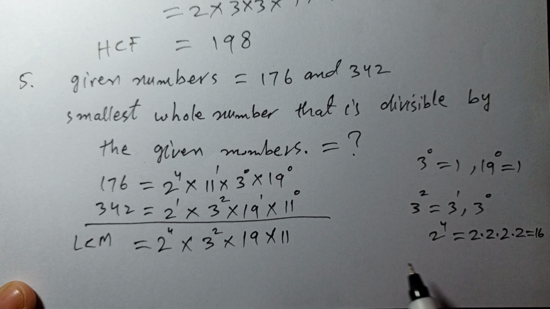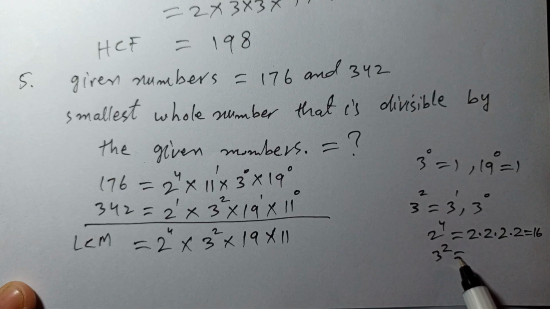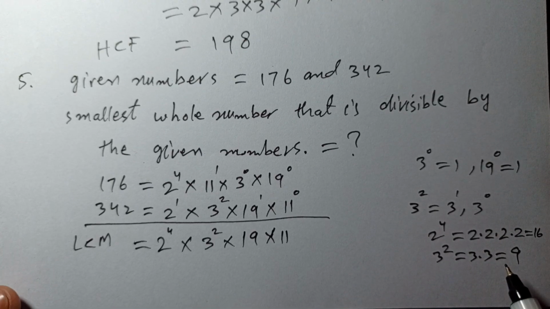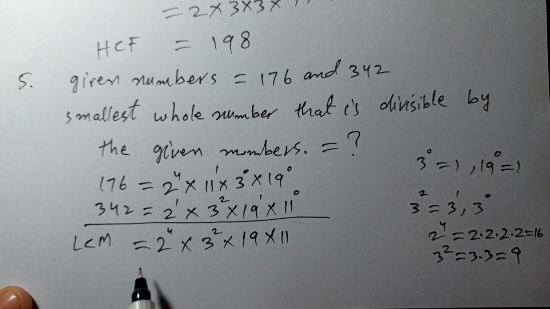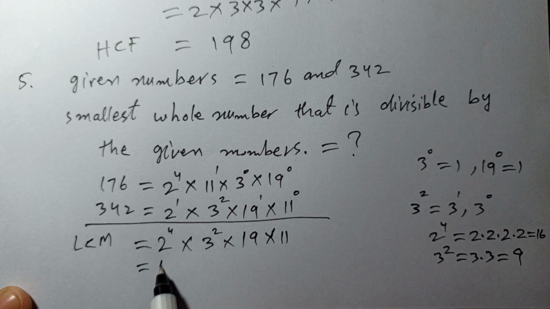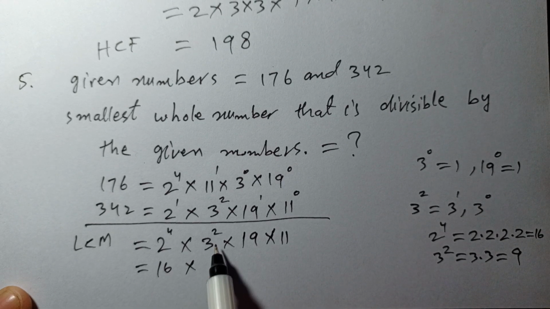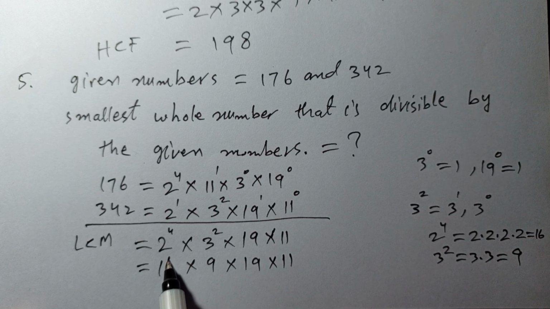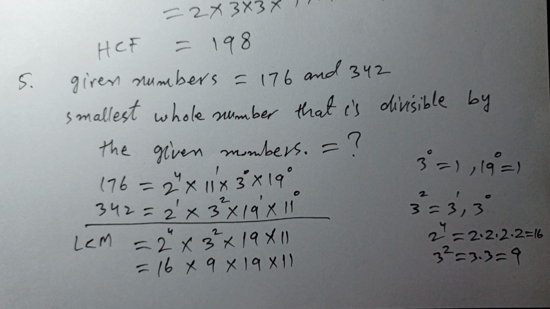And 3 raised to power 2 is 3 multiplied by 3, that is 3 3s are 9. 9 is here, and the other numbers are simple. So let us write 2 raised to power 4 as equal to 16, and 3 raised to power 2 as equal to 9, then 19 multiplied by 11. Now you will make its grouping and multiply to get your final answer.